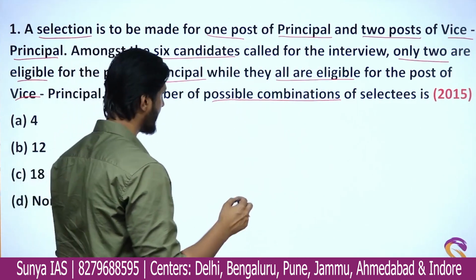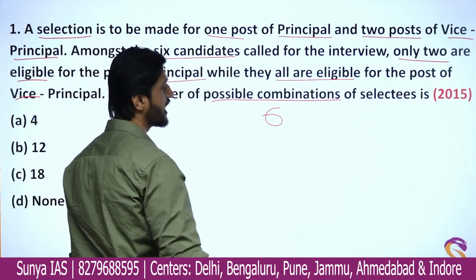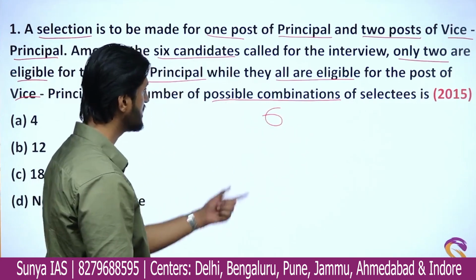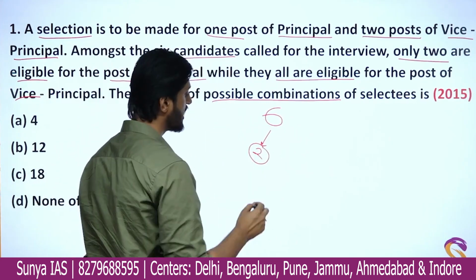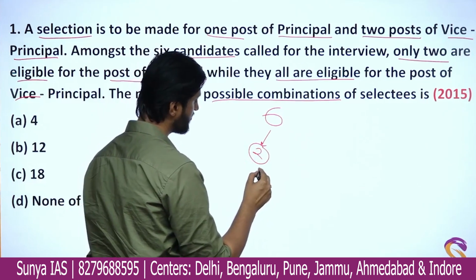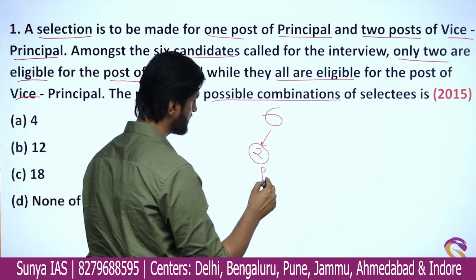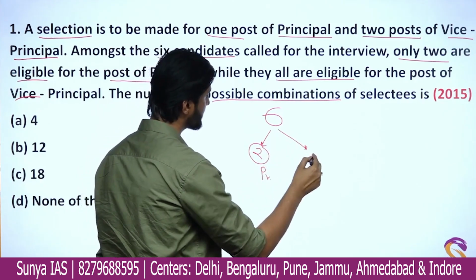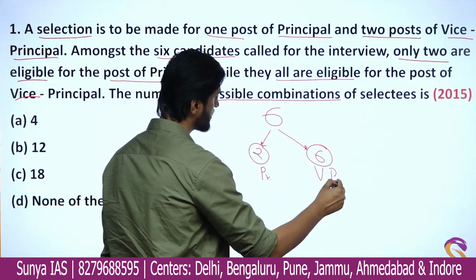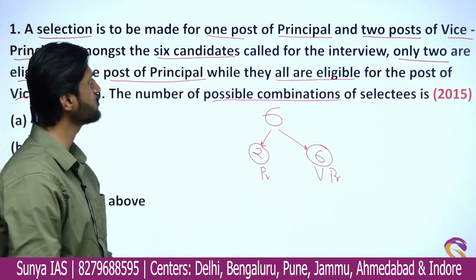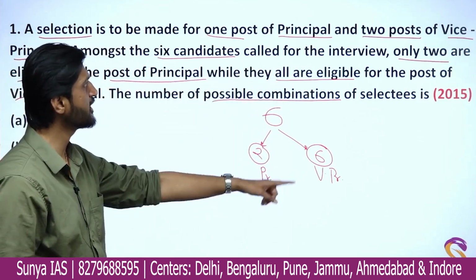So overall we have 6 candidates, but out of these 6 candidates only 2 are eligible for the post of principal, and all of them, that is all 6, are eligible for the post of vice principal, right? Now we have to select 1 principal and 2 vice principals.